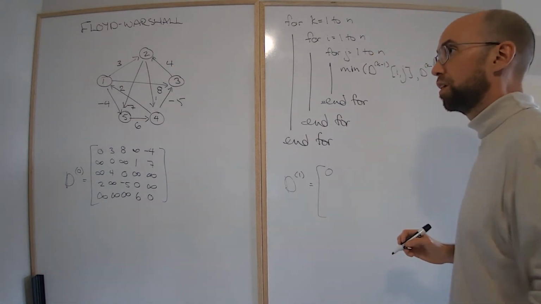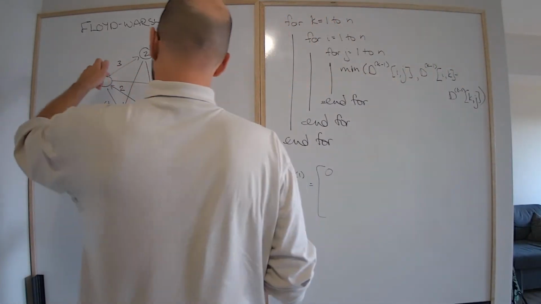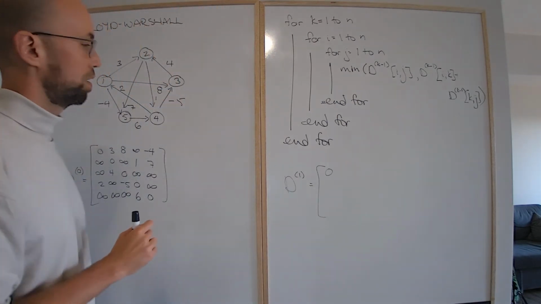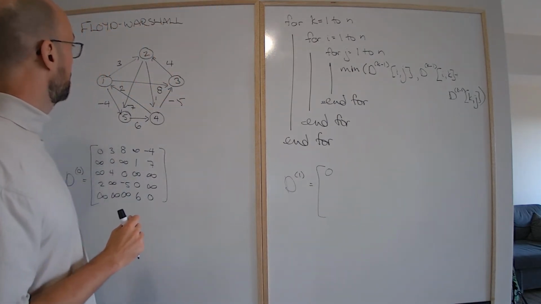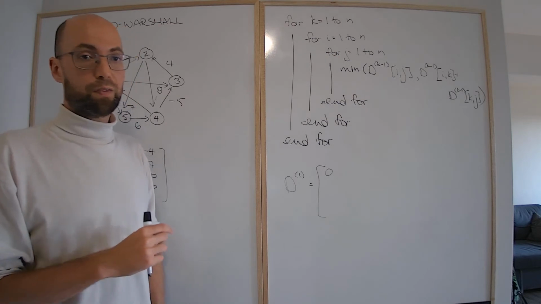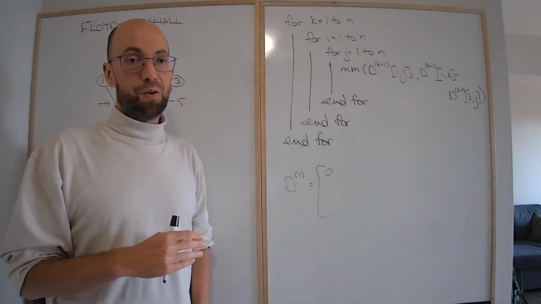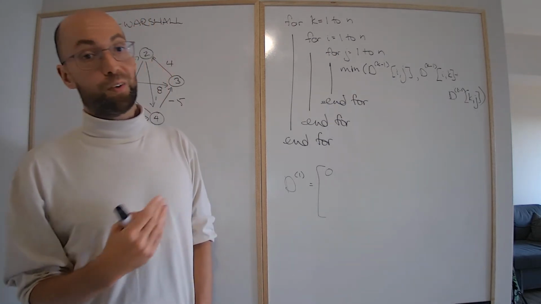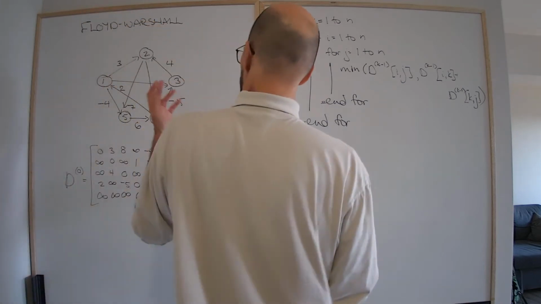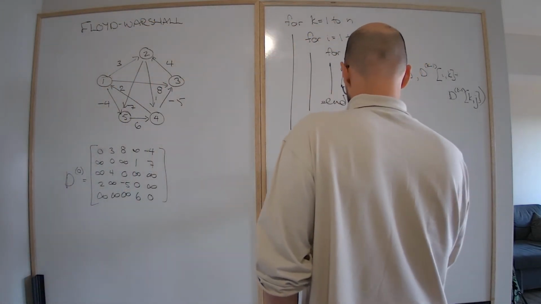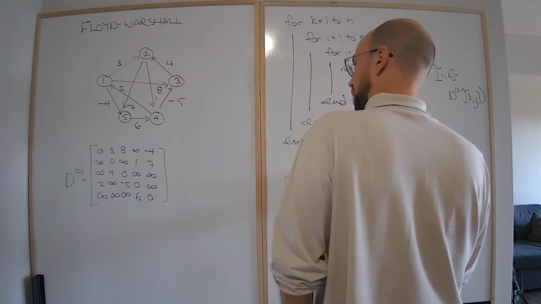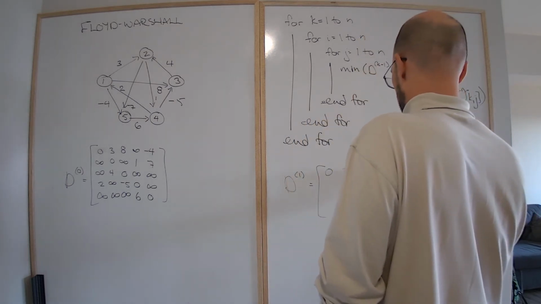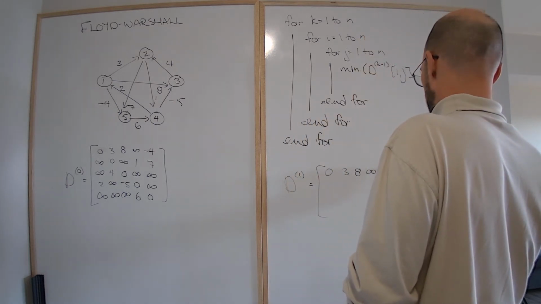The cost of going from 1 to 2 is the cost of going from 1 to 2 directly plus the cost of going from 1 to 1, so for row 1 this doesn't change: 3, 8, infinity, minus 4.